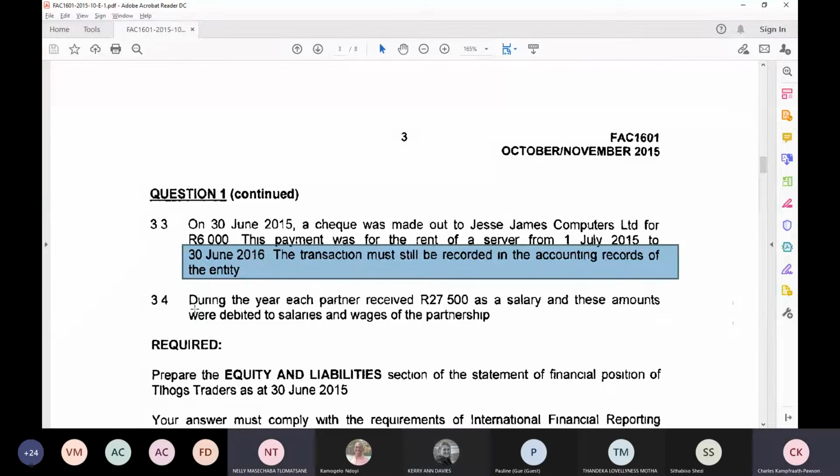Okay, can I just ask, in a case whereby our bank balance is on the debit side, are we going to record it? Well, they say the transaction must still be recorded in the accounting records of the entity. So obviously we can't really do anything about that part because it has already probably been taken out of the bank from the check.